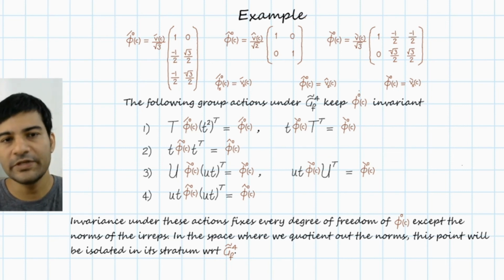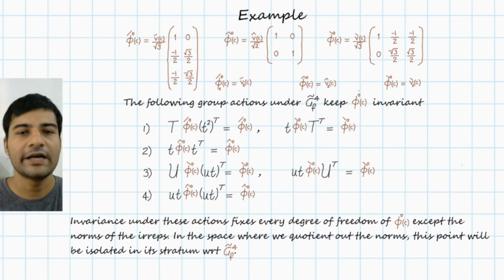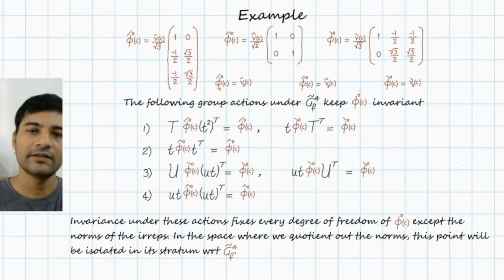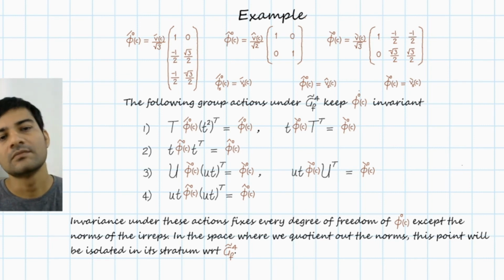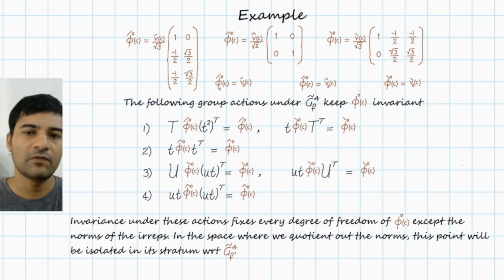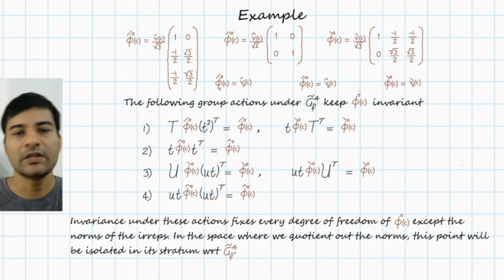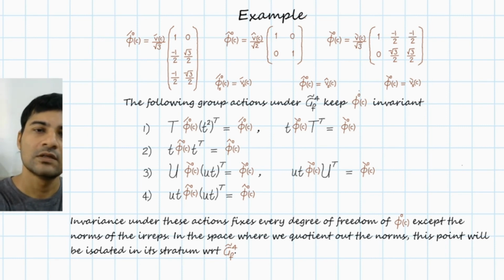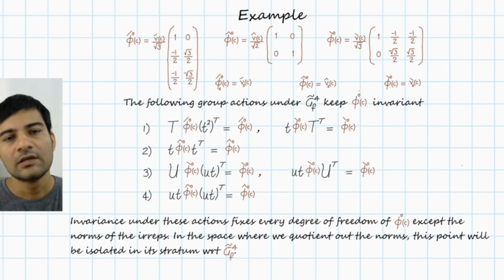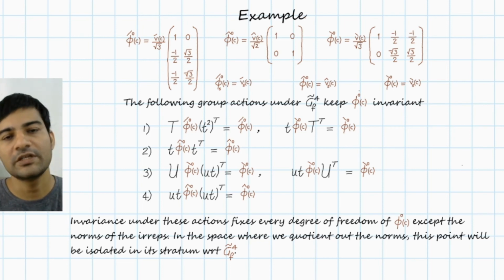In the prerequisites video, I had mentioned a theorem which states that if an orbit is isolated in its stratum, then for every potential, irrespective of the coefficients, this orbit will form a set of stationary points. That means in the normalized space, the point corresponding to this state will be a stationary point, whatever potential that you write.